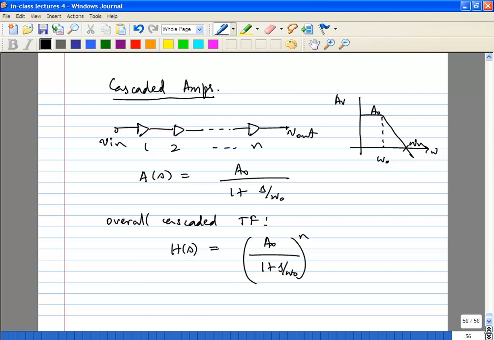Okay, so now for this cascade we want to find out the 3 dB bandwidth. How do you find this out? You just take H of j omega, and equate it to 1 over root 2 times H of 0.